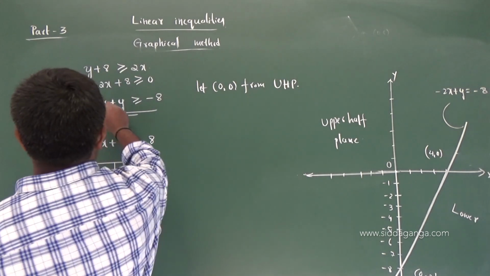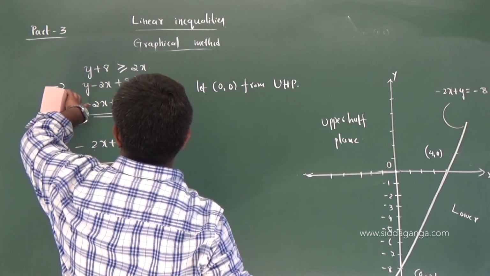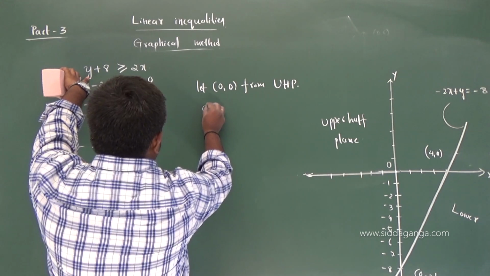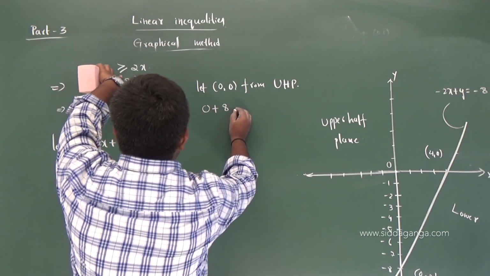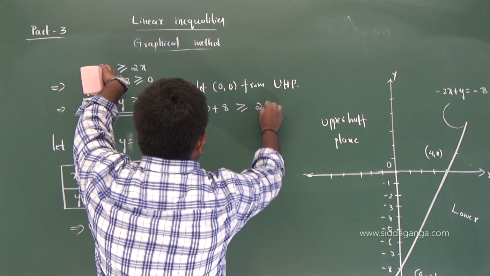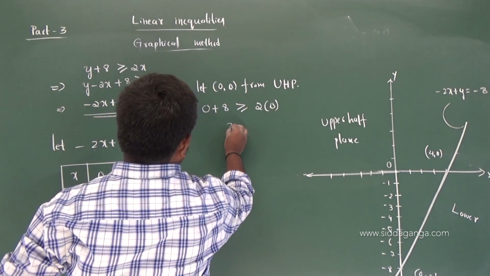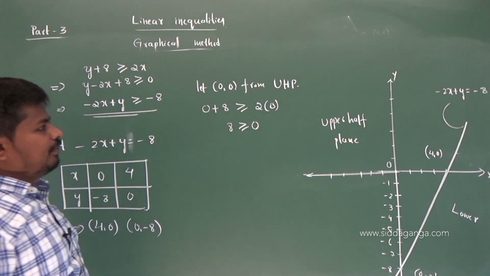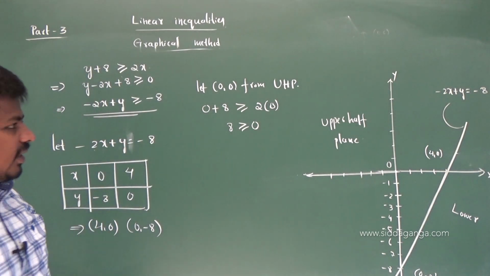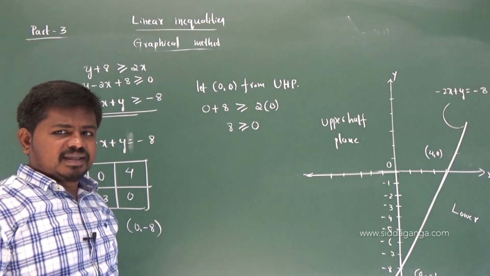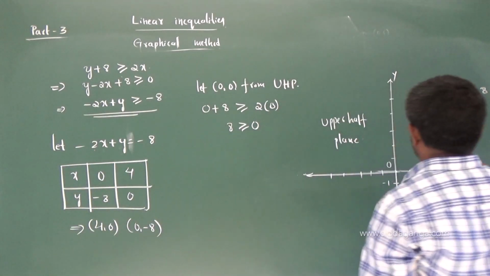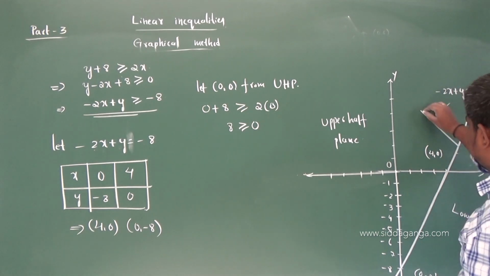Y plus 8, so y is 0: 0 plus 8 is greater than or equal to 2 times x, which is 0. So 8 is greater than or equal to 0, of course, right? So the region from which I have taken the point, the upper half plane, becomes the solution region.